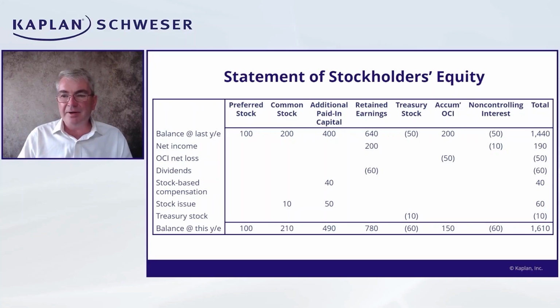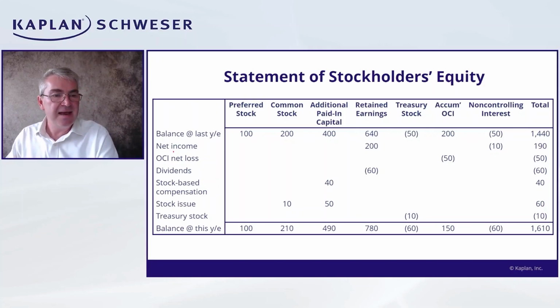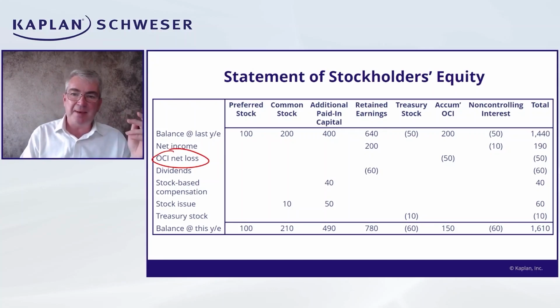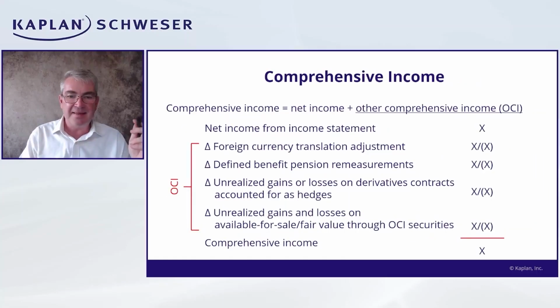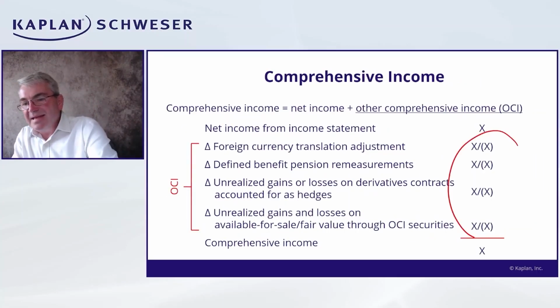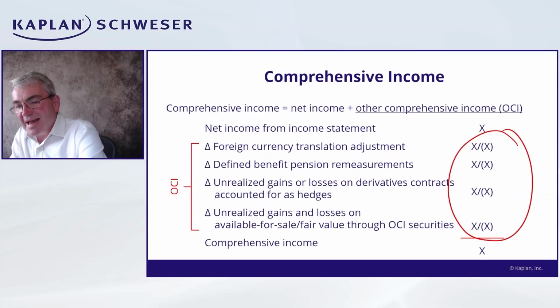We've then got our accumulated other comprehensive income. It looked like an overall accumulated gain of 200 million at the beginning of the year. But you can see this year we've got an OCI net loss. Just going to flick back a couple of slides. Okay, there you go. That means these items were a net loss in aggregate of 50 million.